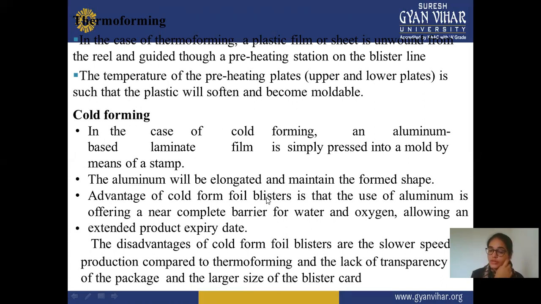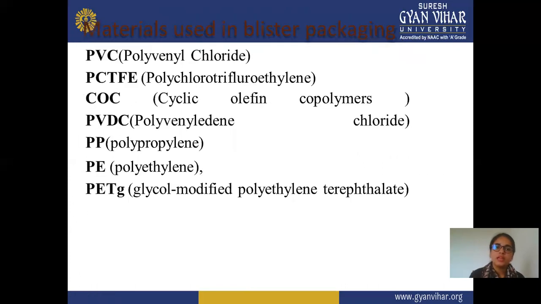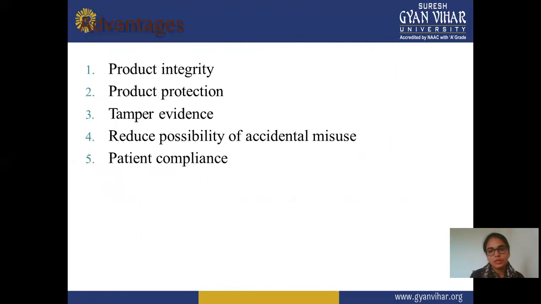Hence, these are the disadvantages of blister packaging. Next are the materials used for blister packaging: PVC, PCTFE, COC, PVDC, PP, PE, PETG. So these are the materials used for preparation of packaging material. Next are the advantages: product integrity, product protection, tamper evidence, reduced possibility of accidental misuse, and patient compliance.